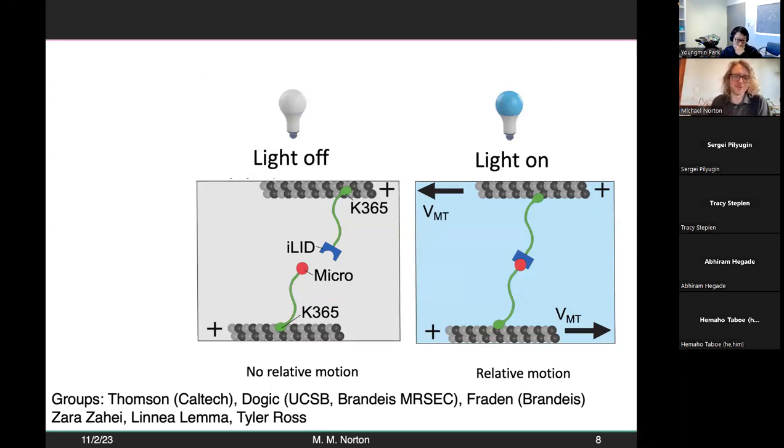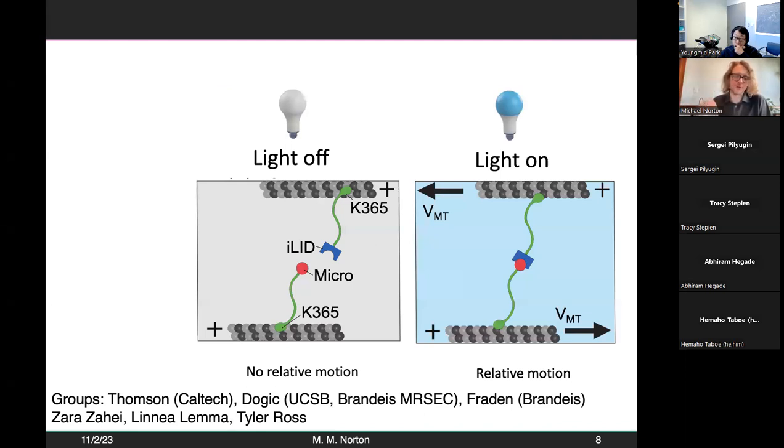But some recent research has created a new kind of construct for the activity, where those motor proteins, instead of being bound permanently together by streptavidin, are bound together through this light-activated protein pair, micro and iLID.